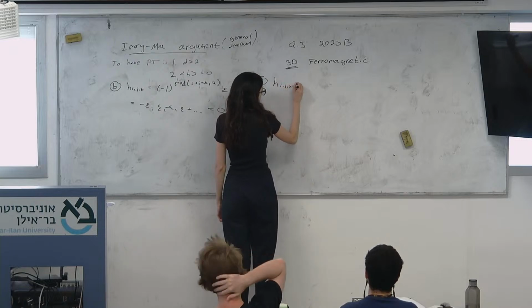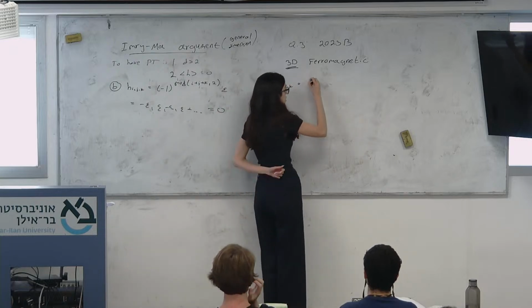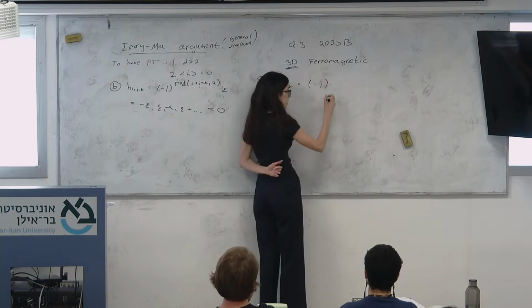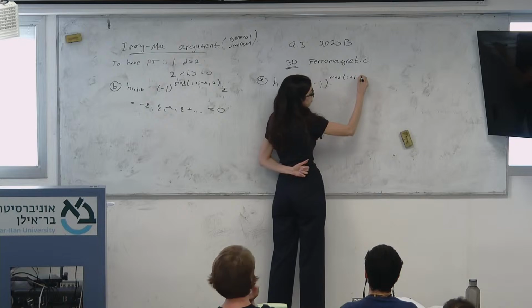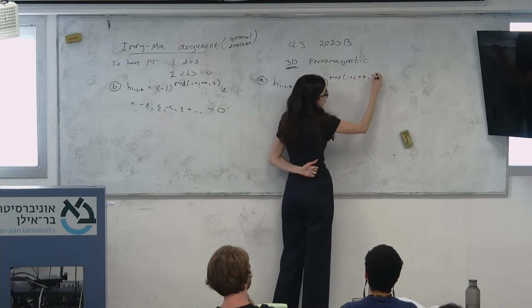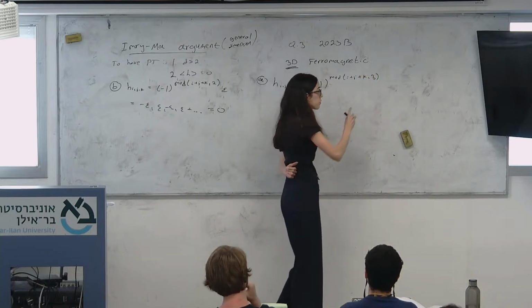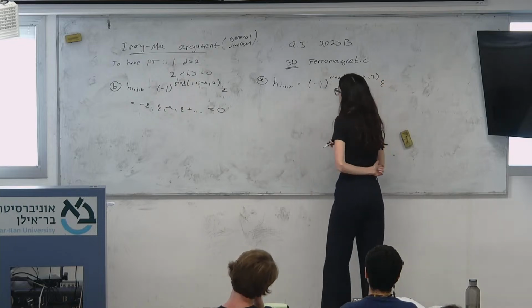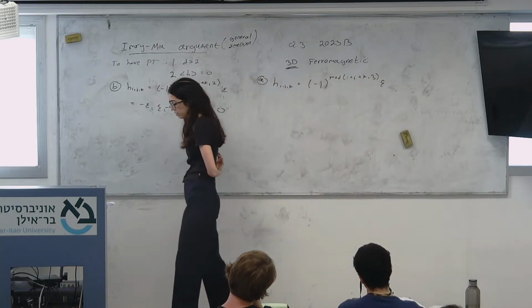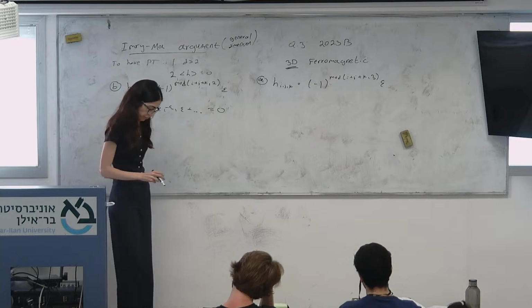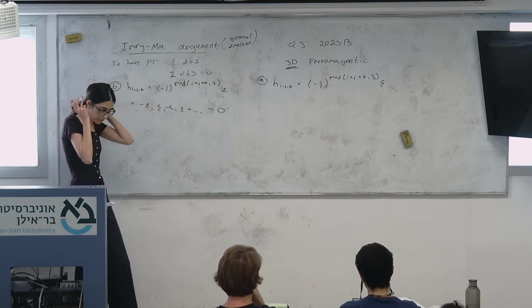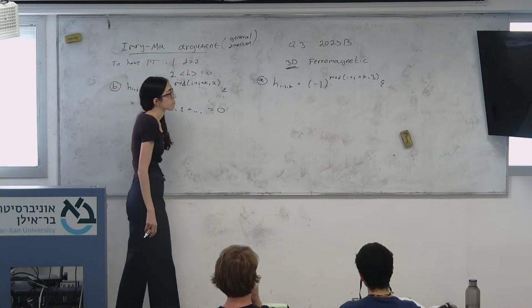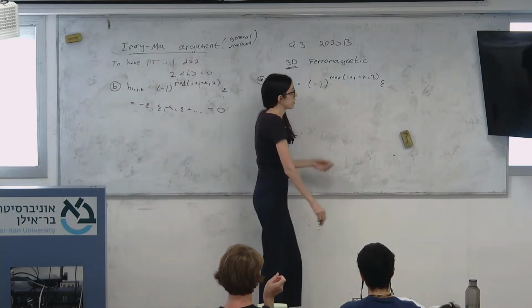So here we have a modulo function again. But this time, i plus j plus k modulo 3. So now it's a bit less. Now you have 0, 1, 2.